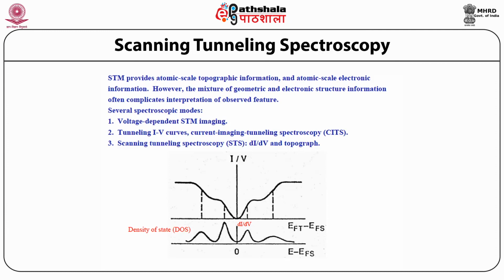Now there are several spectroscopic modes. First is voltage dependent STM imaging. Second, tunneling IV curves, current imaging tunneling spectroscopy CITS. Third is scanning tunneling spectroscopy STS, which shows the variation of dI by dV as shown in this figure, and a topograph.